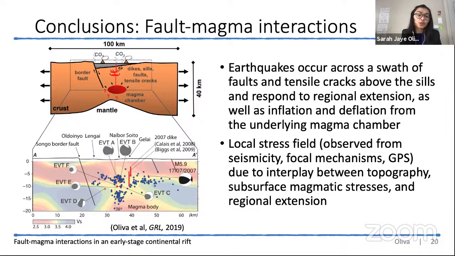And the local stress field, as observed from seismicity, focal mechanisms, and GPS, is due to an interplay between topography, subsurface magmatic stresses, and regional extension, with an emphasis on the subsurface magmatic stresses, which are a very important component to consider in this case.